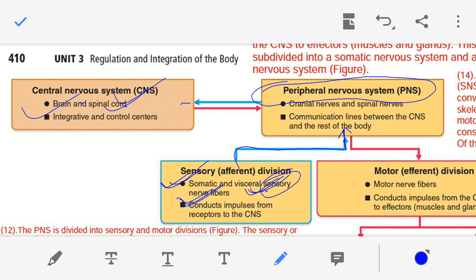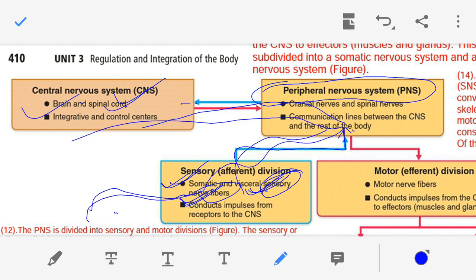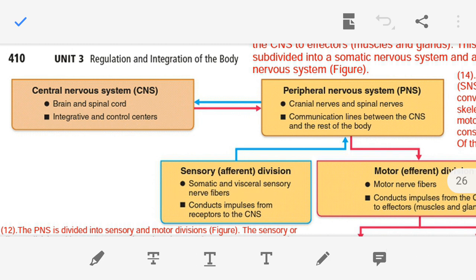And how does this sensory nerve fiber receive the information? With the help of the sensory receptor. So the sensory receptor is the first thing, the sensory fiber the second, then the nerve the third, and the last is the CNS. This is how the nerve impulse travels from the sensory organ or division of the body to the CNS.